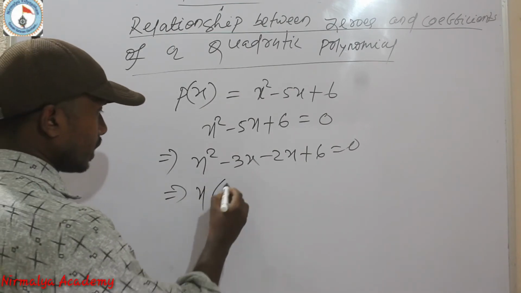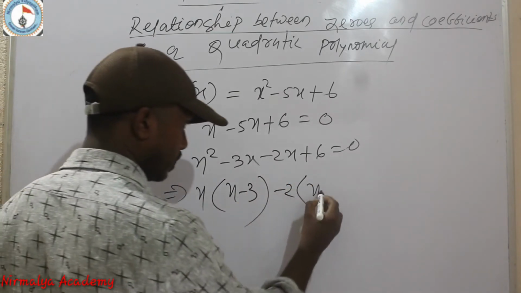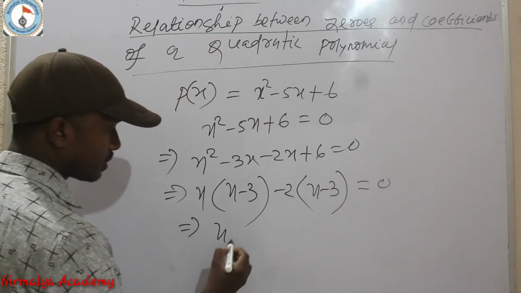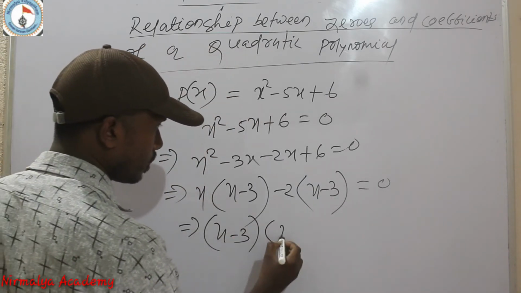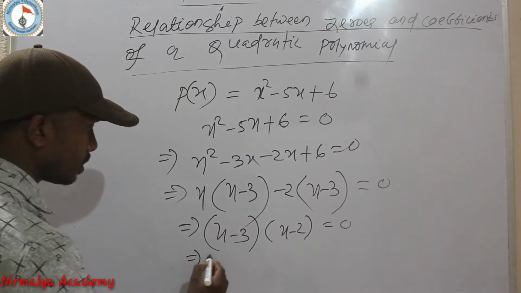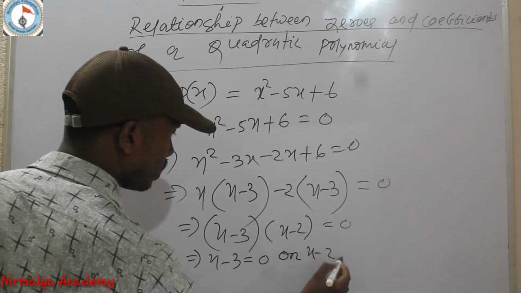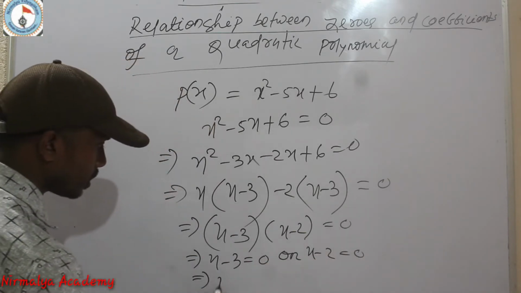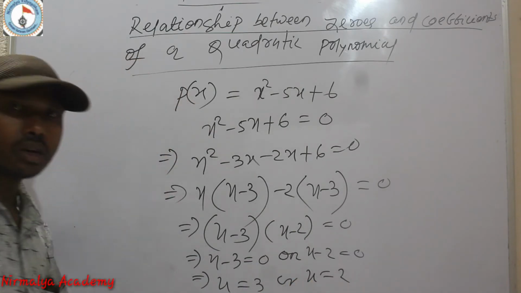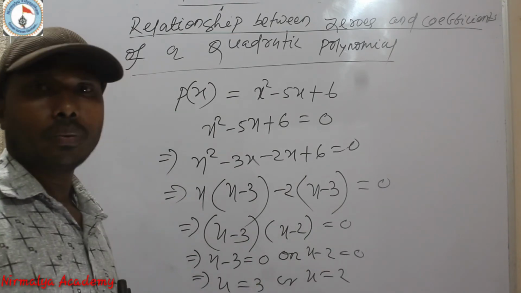Then taking x common from the first two terms and minus 2 from the last two, we get x into (x minus 3) minus 2 into (x minus 3) equals 0. That implies (x minus 3) into (x minus 2) equals 0. So x minus 3 equals 0 or x minus 2 equals 0, that implies x equals 3 or x equals 2. So there are two zeros for the given polynomial, 3 and 2.